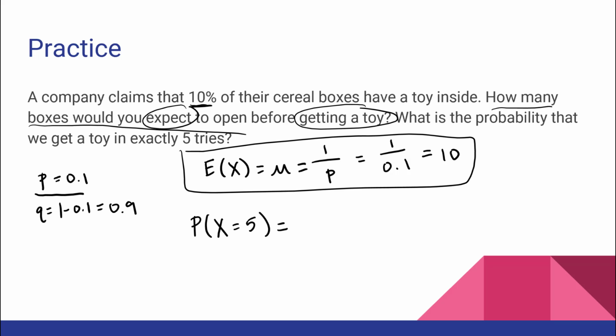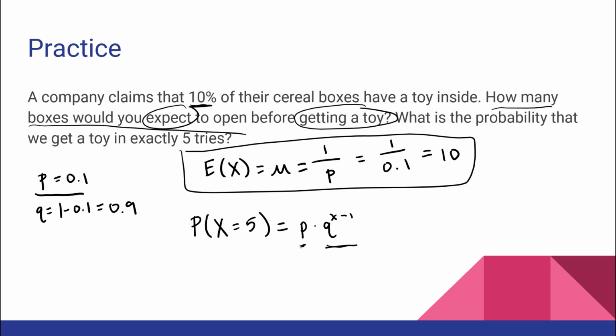That is equal to p times q to the power of little x minus 1. This probability accounts for our success on the 5th try, and this one accounts for all of the failures before it. So what is the probability that we failed on all of the tries before our first success, and then what is the probability of getting that success on the 5th round?